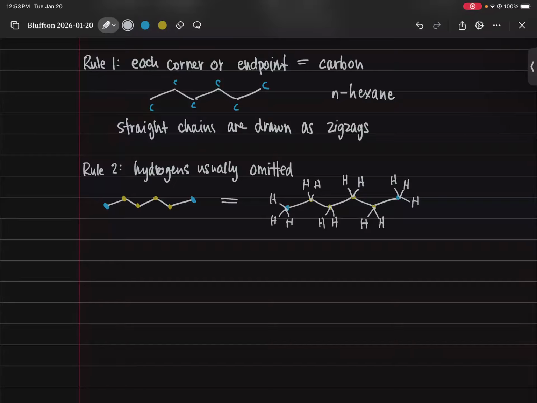Same goes for the hydrogens in the middle, the yellow ones. For each of these 4 carbons, there's 2 bonds explicitly drawn. That means we have 2 bonds to carbon, or it could be an oxygen or something, but in this case, 2 bonds to carbon atoms. And so by process of elimination, it's got to have 2 other bonds, and those have to be to hydrogen.